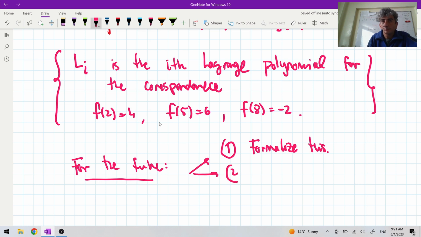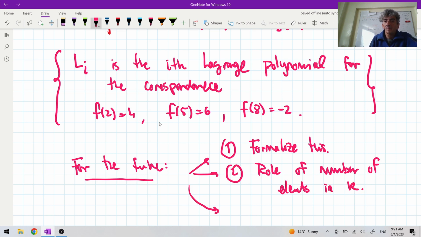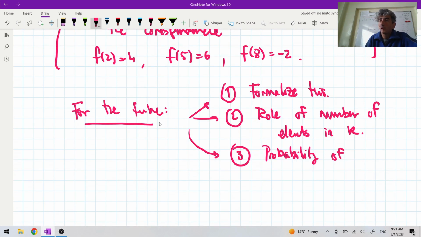Second of all, we're going to think of the role of the number of elements in K. And third, we're going to think about the probability of choosing a specific polynomial when picking at random.